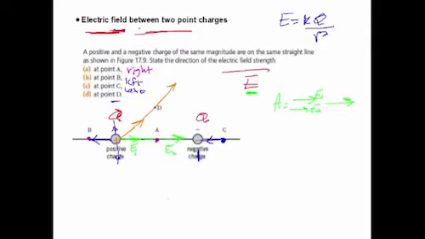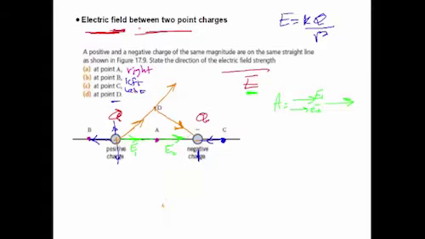This is a negative charge. So if this is the line, what will happen? The field will be into the charge. So this is the direction of E due to this charge.